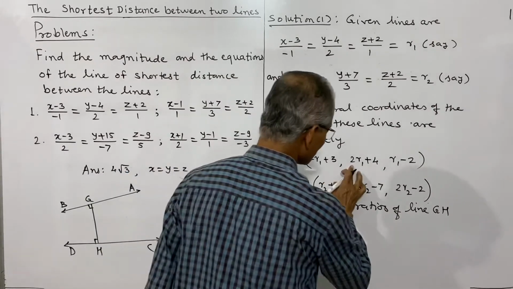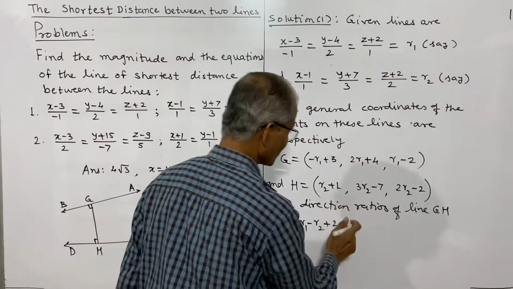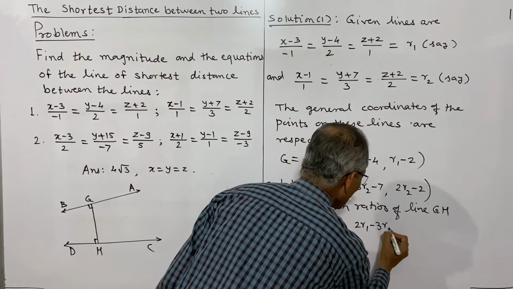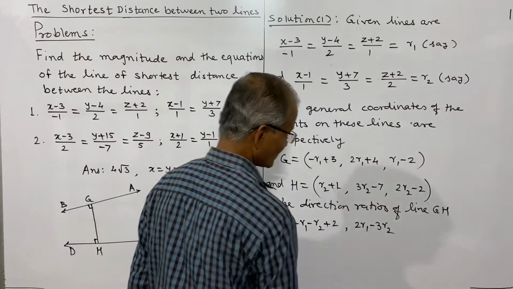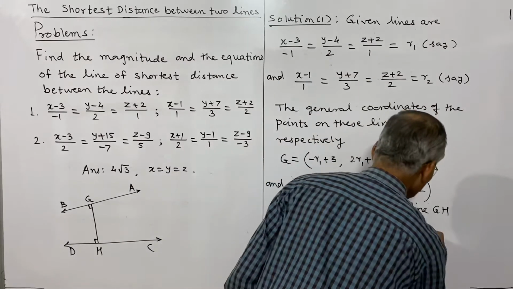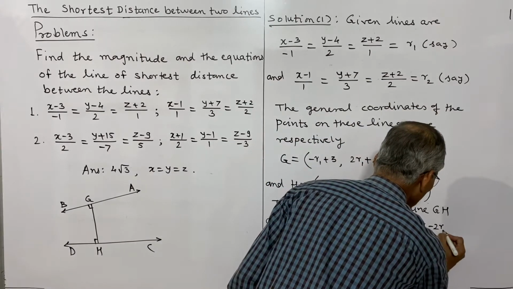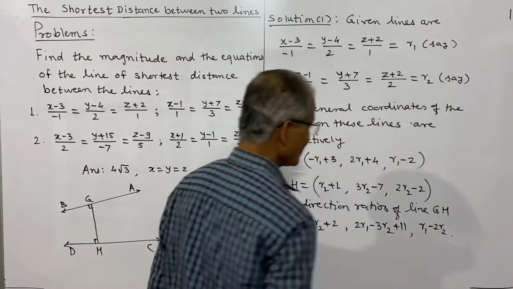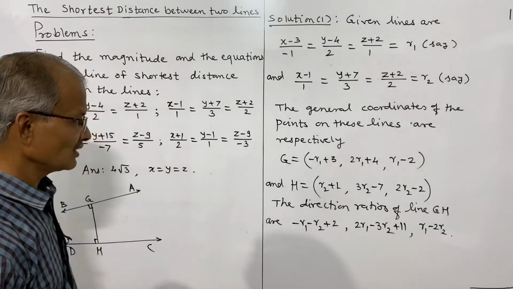This is 2R1 minus 3R2 and 4 plus 7, that is 11, and this is R1 minus 2R2, and this cancels. So these are the DRS of the line GH.